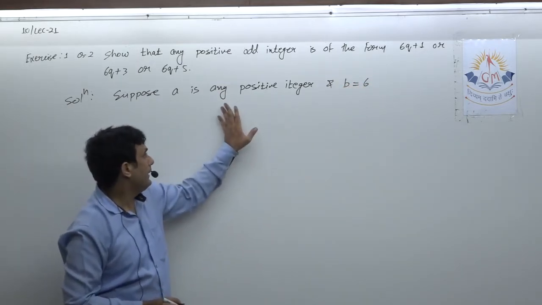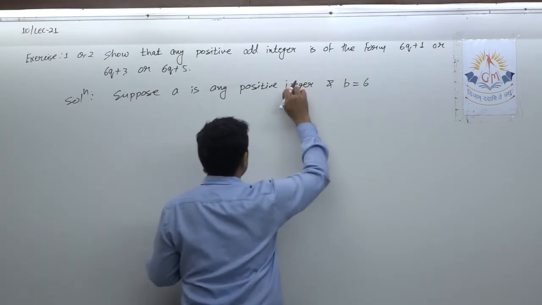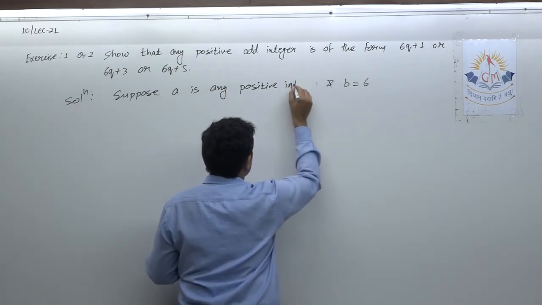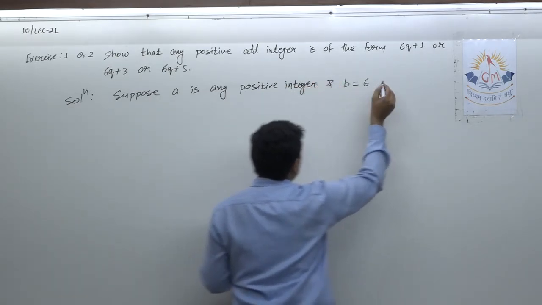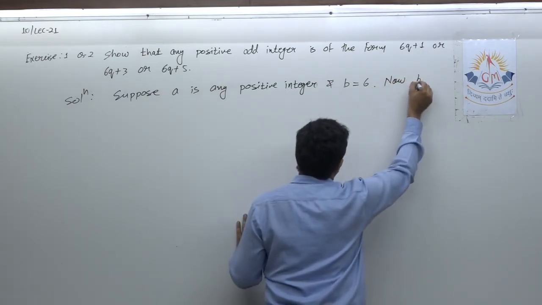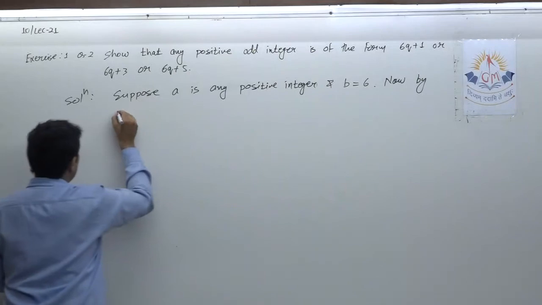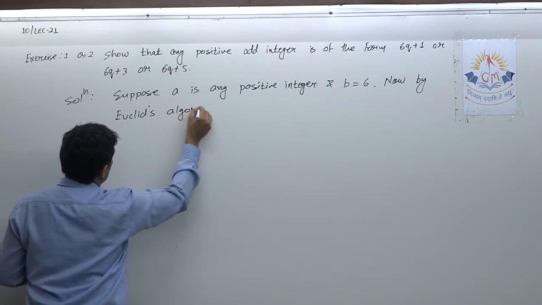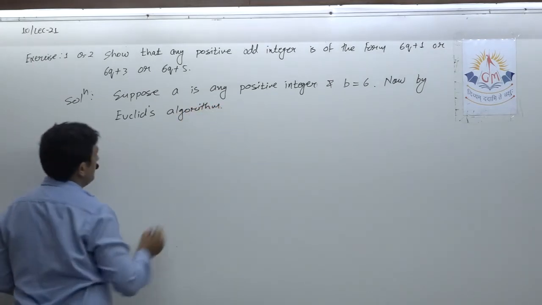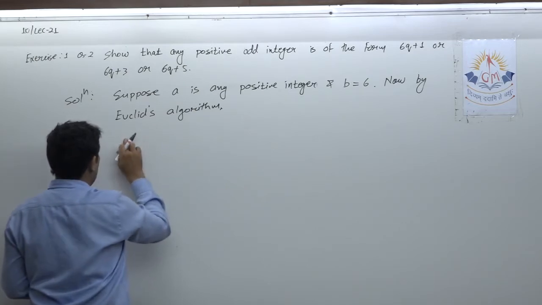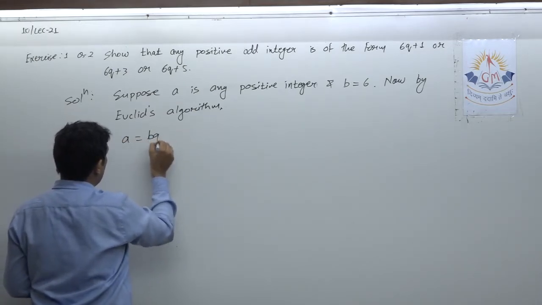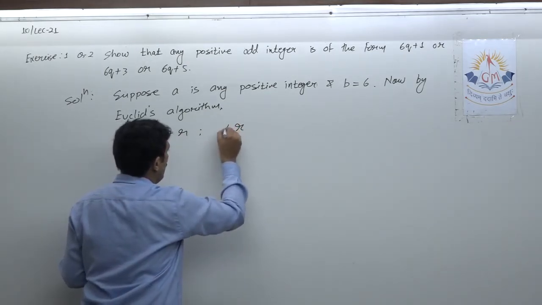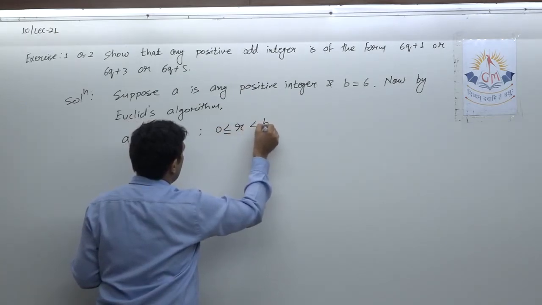Okay, we assumed that a is any positive integer and b is 6. Now by Euclid's algorithm, you can write a is equal to bq plus r, isn't it? With the condition that r must be greater than or equal to 0, less than b.